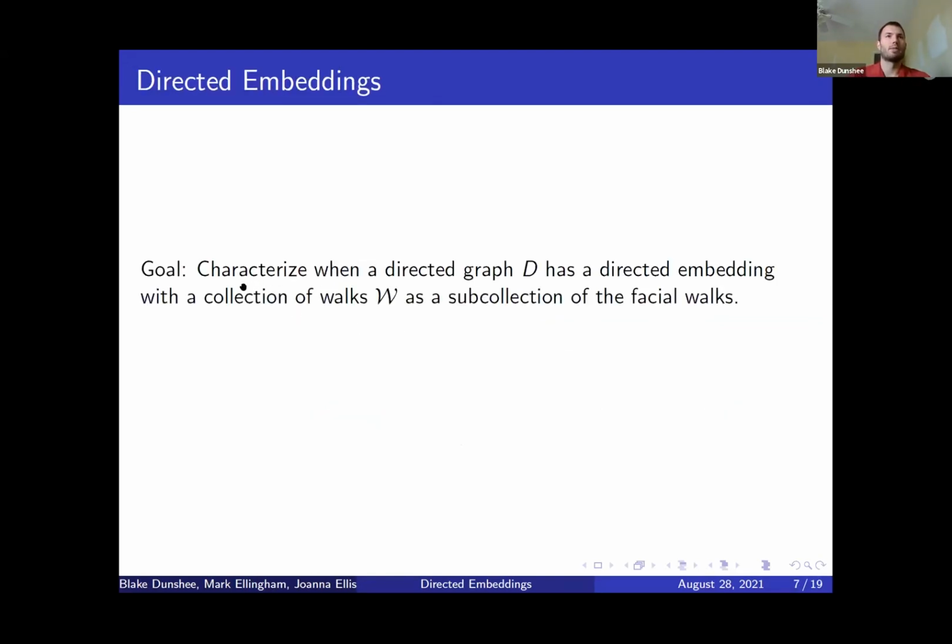All right, so how does this apply to our goal of characterizing when a directed graph has a directed embedding with some fixed collection of walks as a subcollection of the facial walks? Well, whenever we fix walks to be facial walks, that tells us something about what the transition graphs look like.